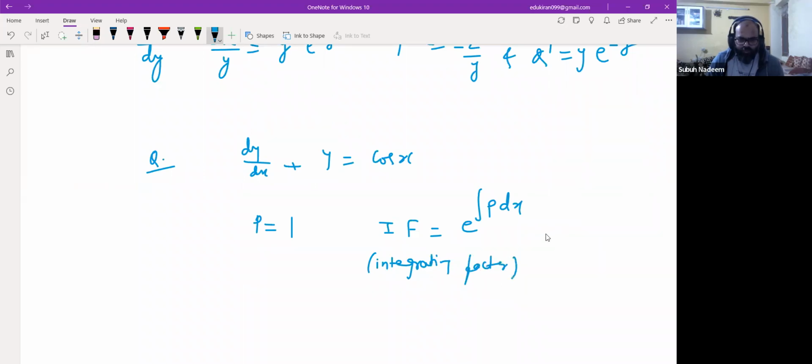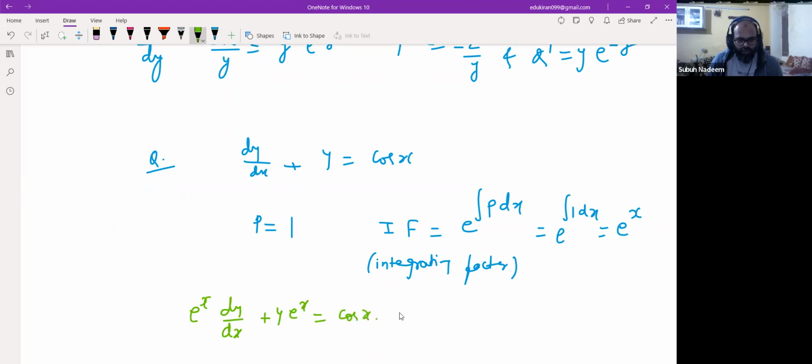So here, the integrating factor will be e to the power integral of 1 dx, that is e to the power x after integration. Now, you multiply the integrating factor which you got on the left hand side and the right hand side.